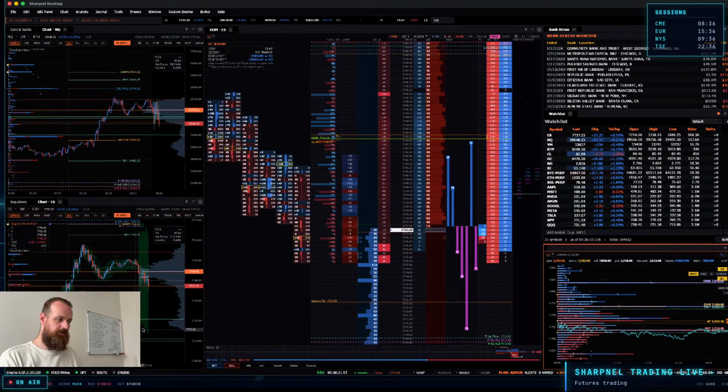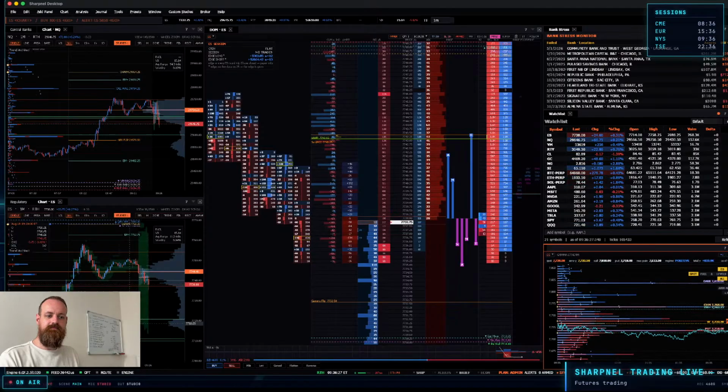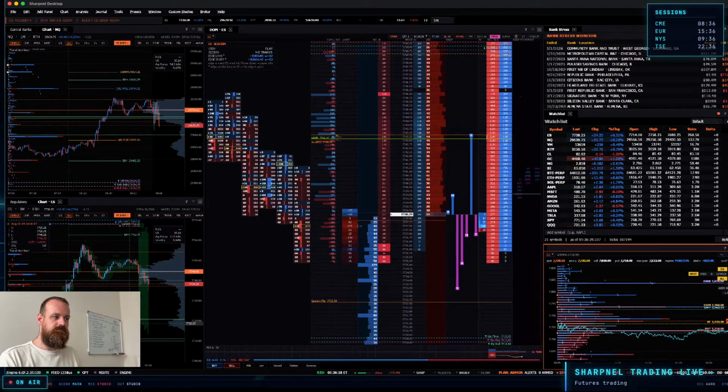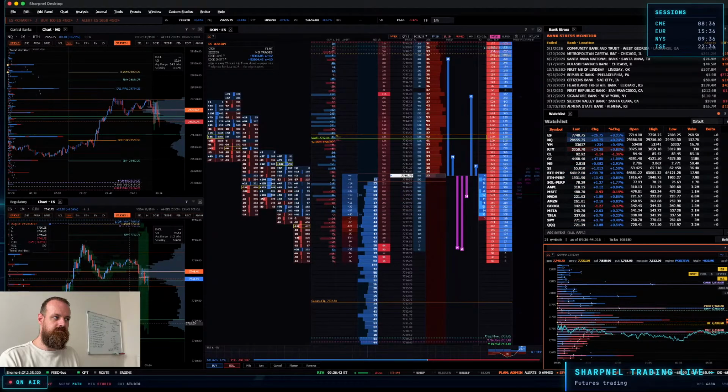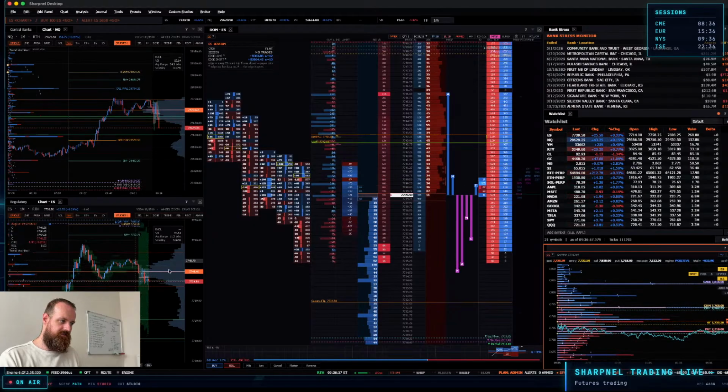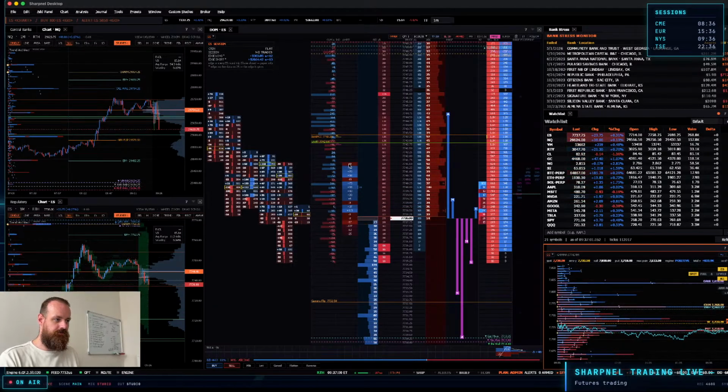The wall got taken, and now the next wall is at 18. Nice reclaim over here. Now let's see what will happen if it bangs its head on this volume cluster right here.